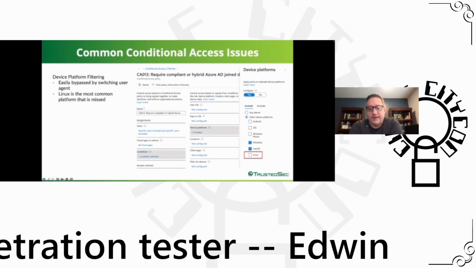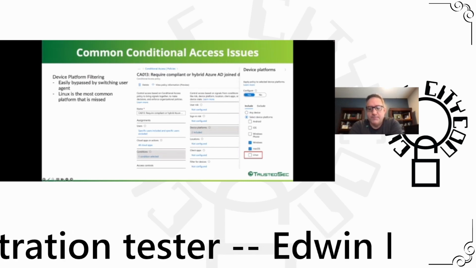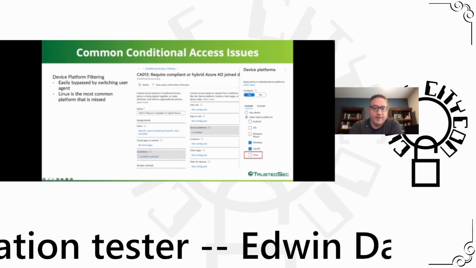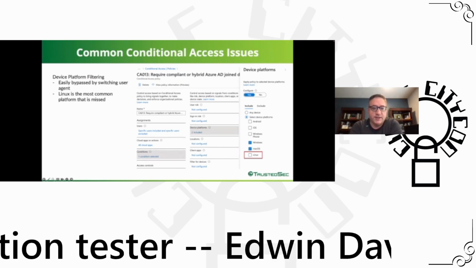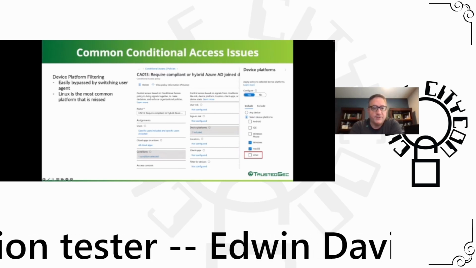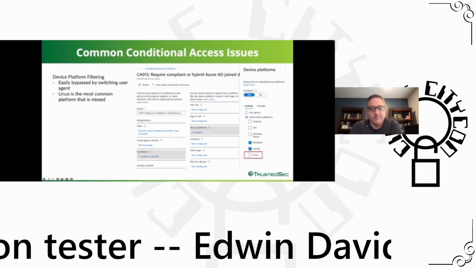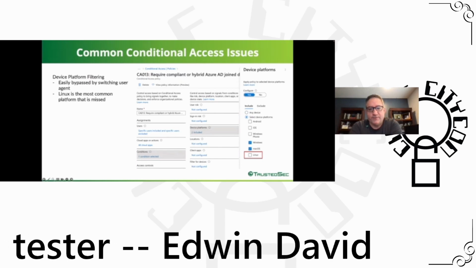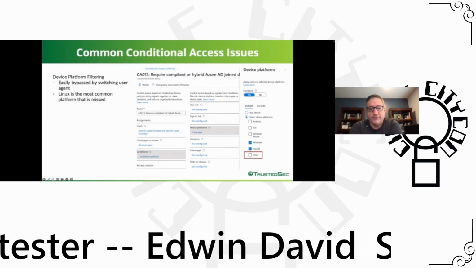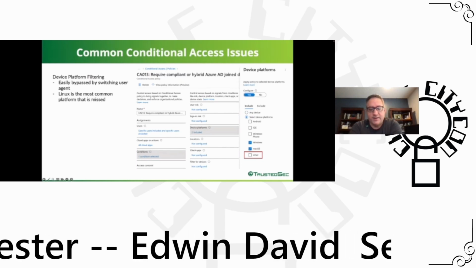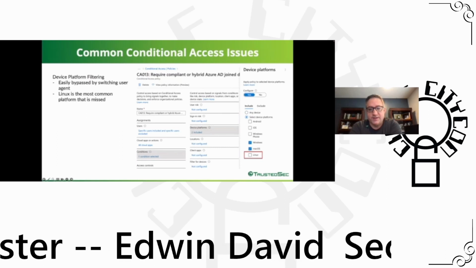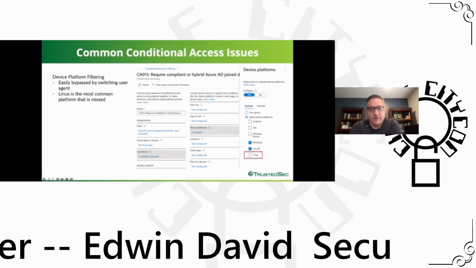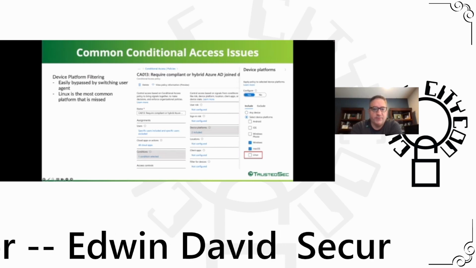And I think by and large, sysadmins may have forgotten to look, or maybe it's a one-and-done type of thing with conditional access and they don't ever look at it again. If you suspect that you are doing device platform filtering on any of your Azure Active Directory conditional access policies, it's worth checking what you're doing from the device platform standpoint.